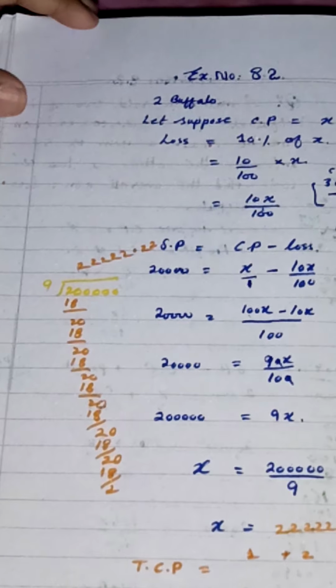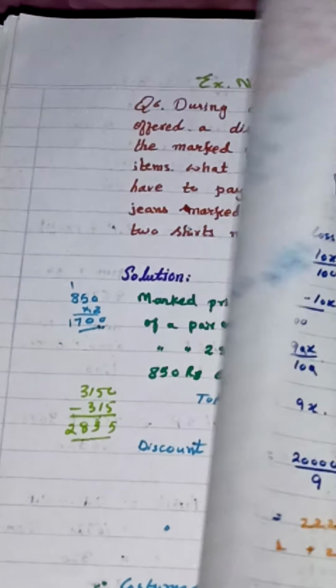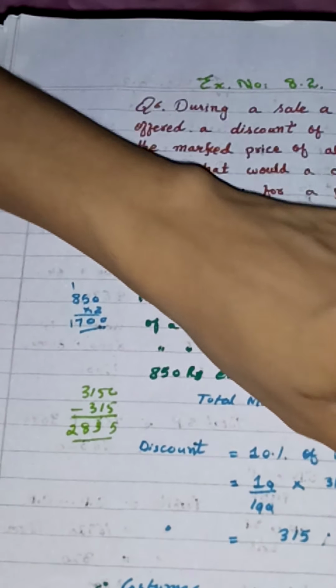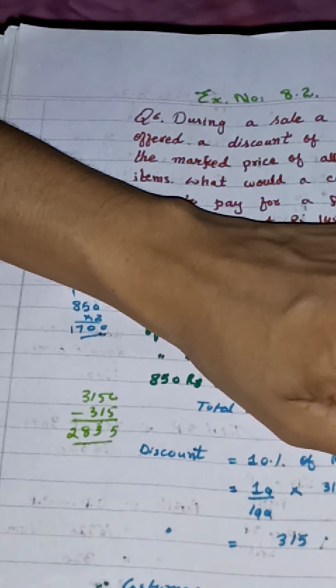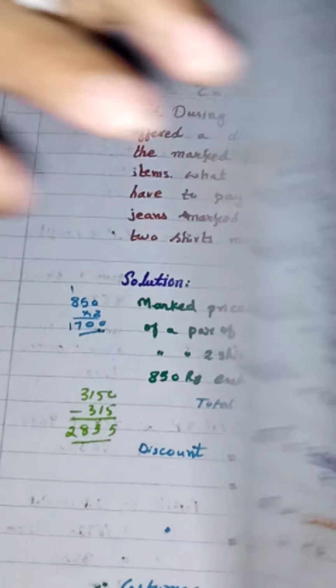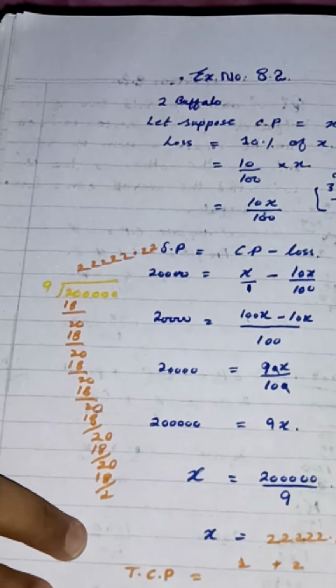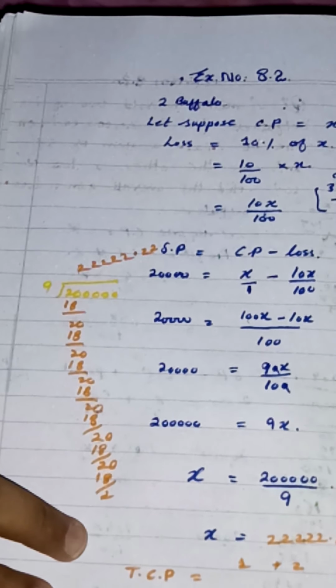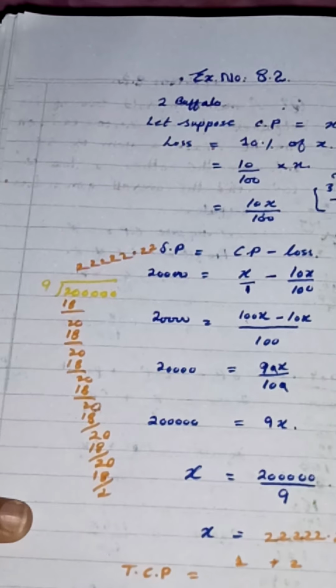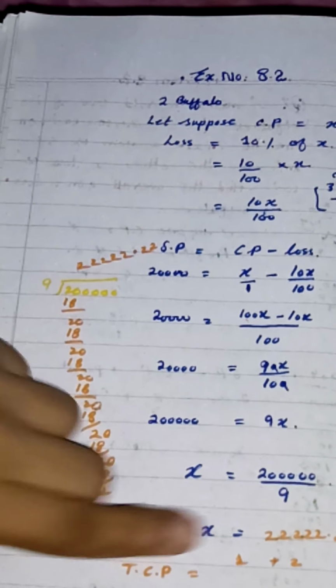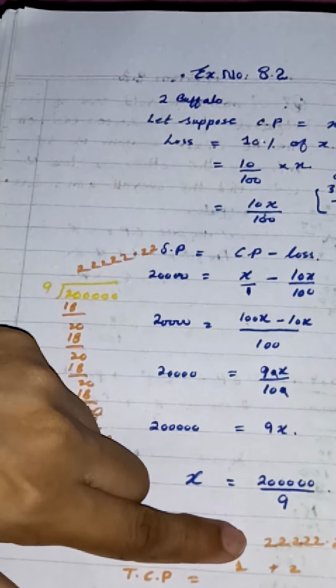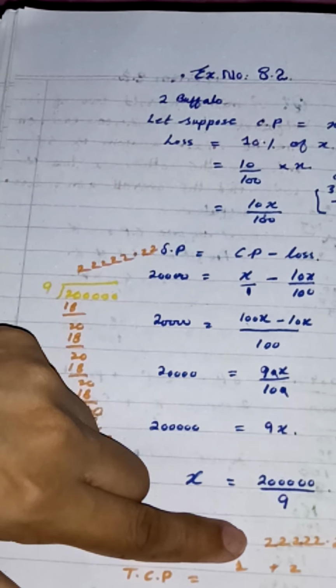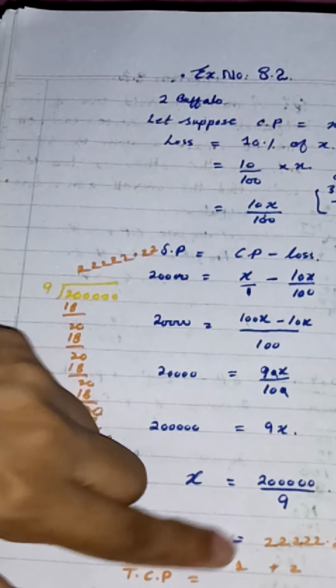Number 1 buffalo cost price is 19,047 rupees point something, plus number 2 buffalo cost price is 22,222 point something.